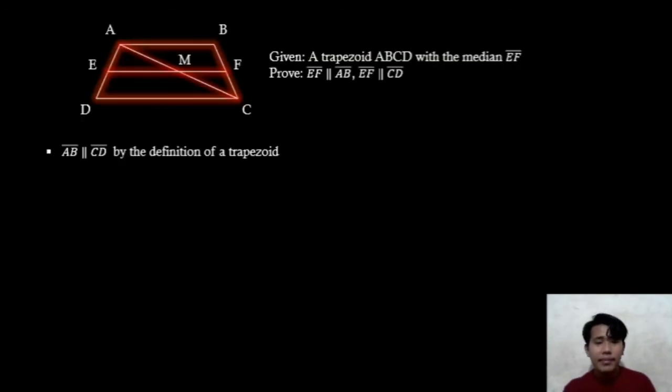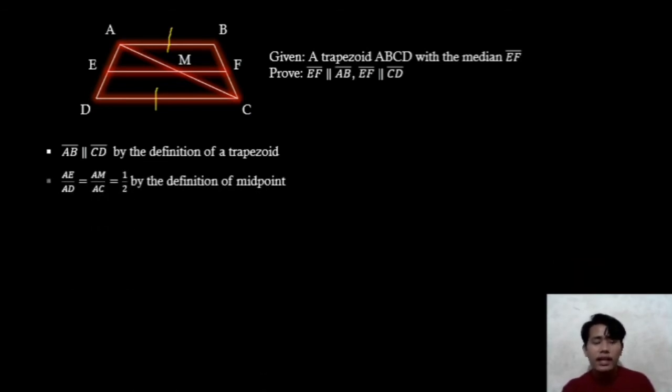Line segment AB is parallel with line segment CD by the definition of a trapezoid. I believe that we have now the definition of a trapezoid because I have explained it before. That is, a trapezoid is a quadrilateral with exactly two parallel sides, which are the base sides of the trapezoid. That is AB parallel with CD.